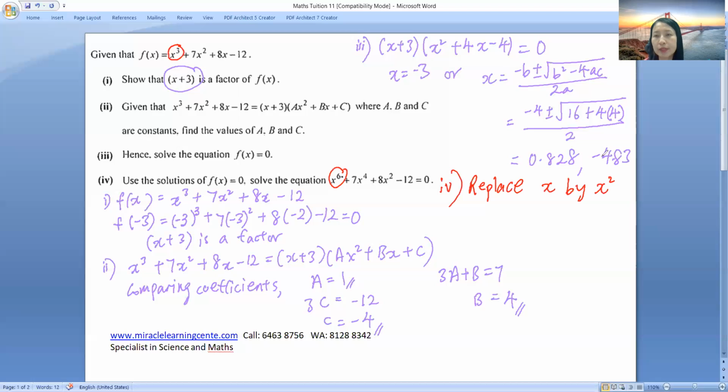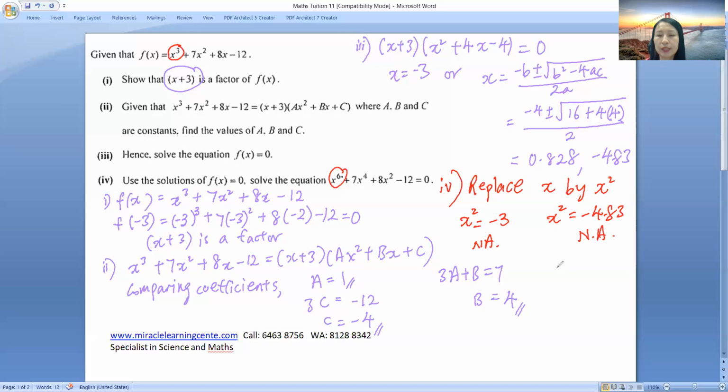So you notice we have 3 answers: minus 3, 0.828, and minus 4.83. So we just check which one is the right answer. We notice that x squared equals minus 3 is not applicable. Then we have the next one, x squared equals minus 4.83, is also not applicable.